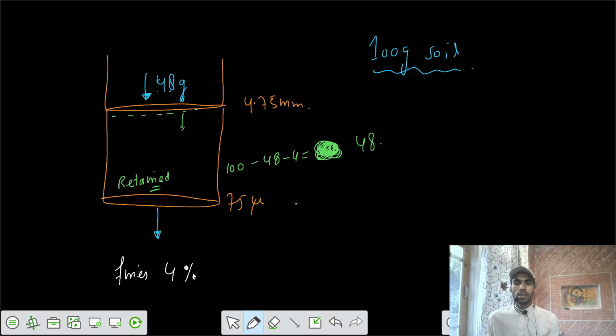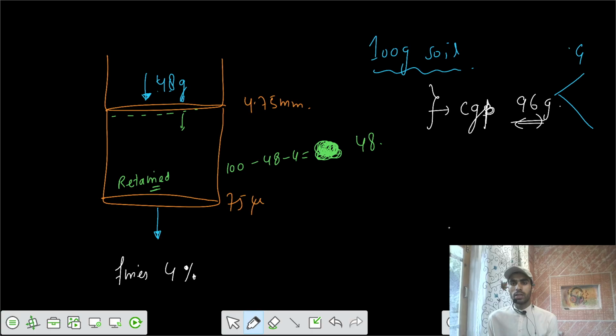So what is the total coarse grain particles now? That is 96 grams. 96 grams are coarse grain particles, CGP. Now what is the percentage of gravel and what is the percentage of sand?